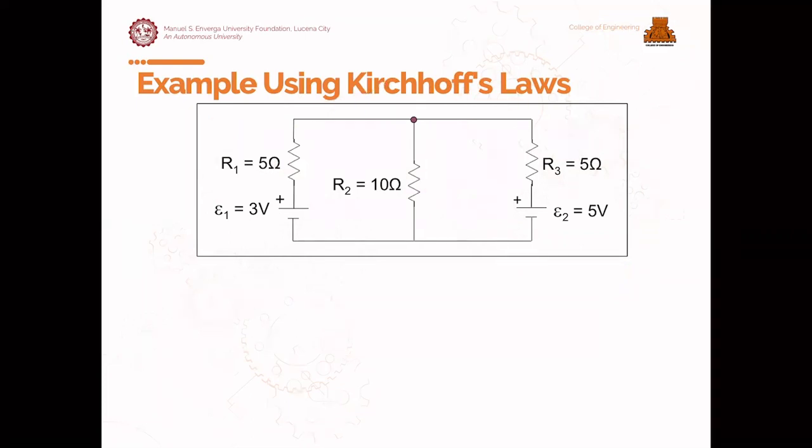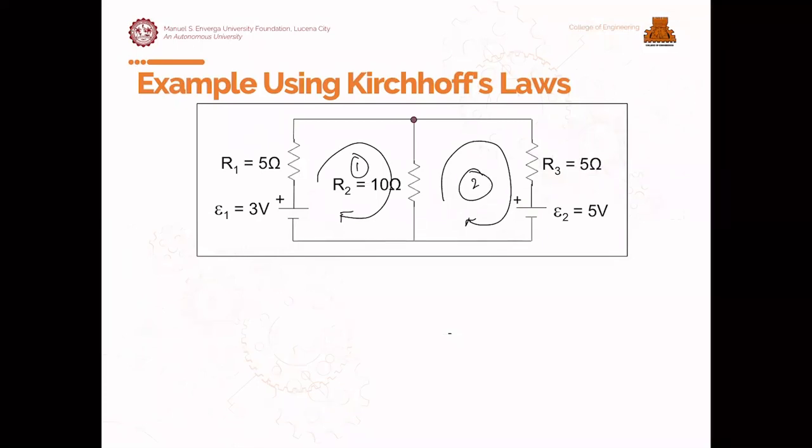Okay? So paano sinosolve itong ganito? Okay, so gamit tayo ng pinapahanap lahat ng current natin, no? So, gamit tayo ng loop ulit. So, ito yung magiging first loop natin. Then, ito yung magiging second loop natin. Okay?